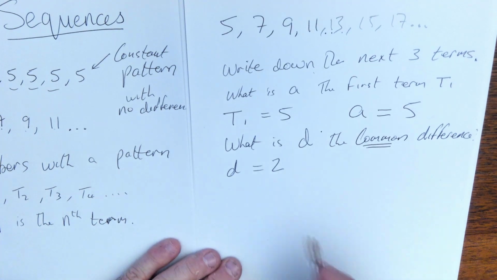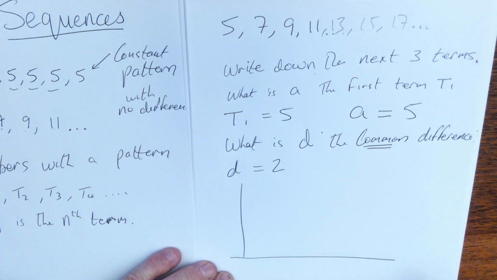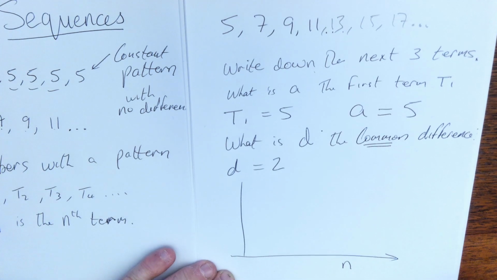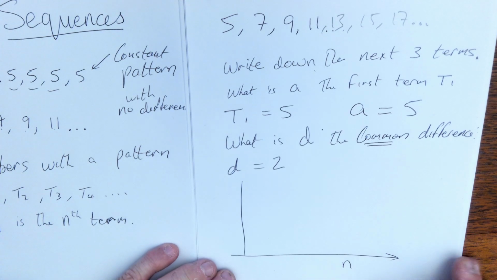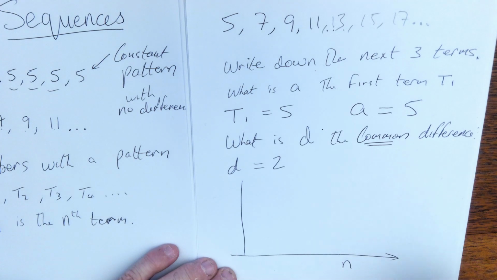Now we're going to try to visualize it in a graph. The x-axis turns into the n-axis in our graph, and a sequence is a function that is not continuous, it's discrete.